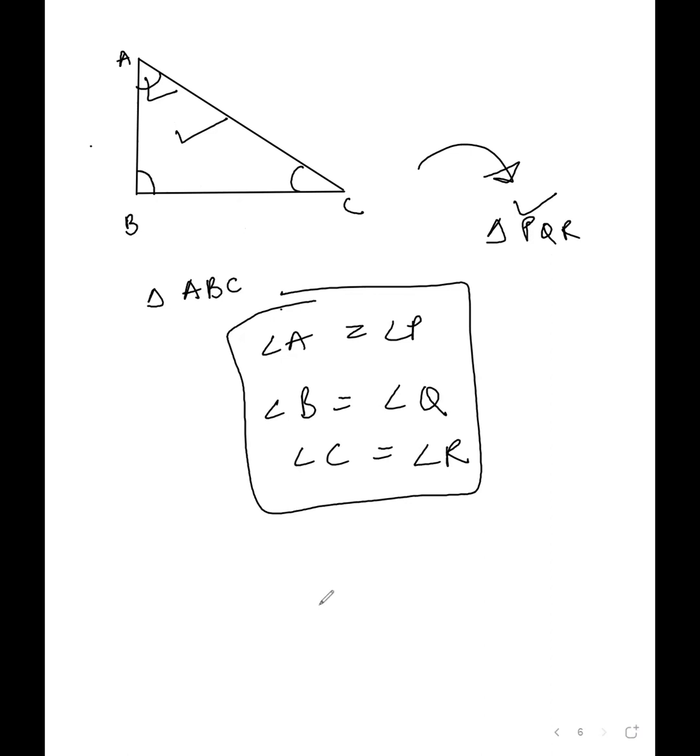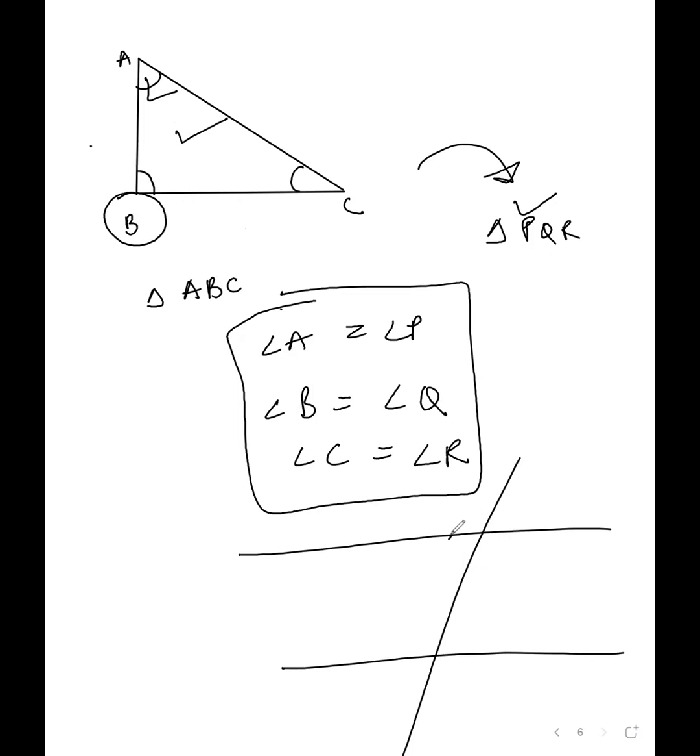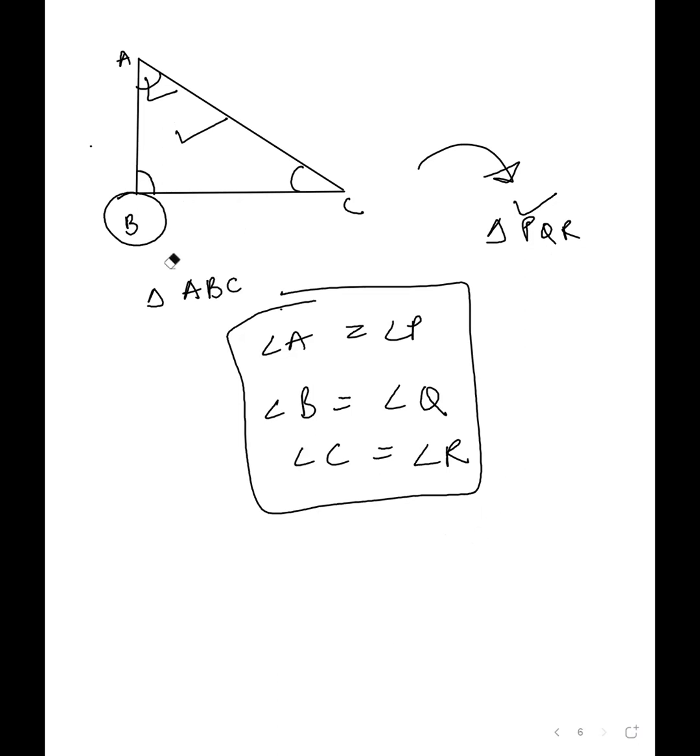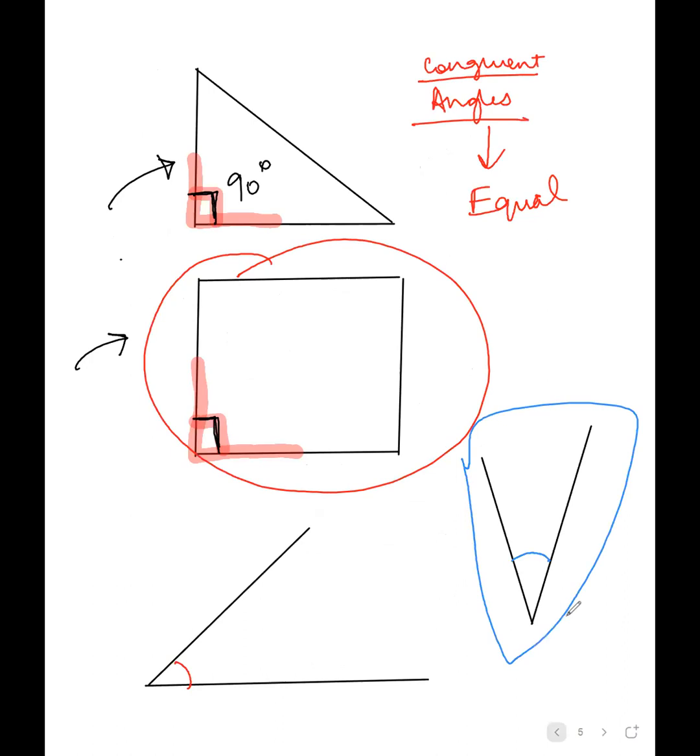See, corresponding means two things. Number one, corresponding angles: when we are talking about parallel lines, corresponding angles are this angle and this angle, right? Corresponding also means one more thing: if we are talking about two congruent triangles, let's look at these two triangles.